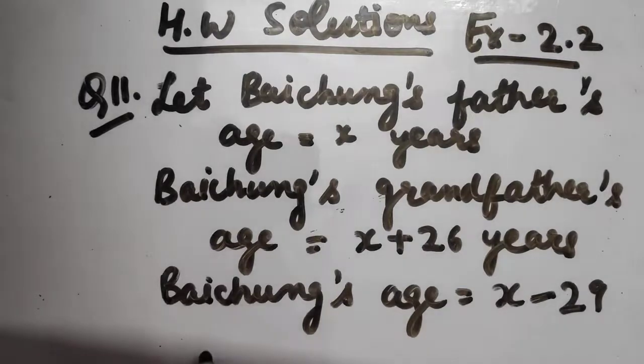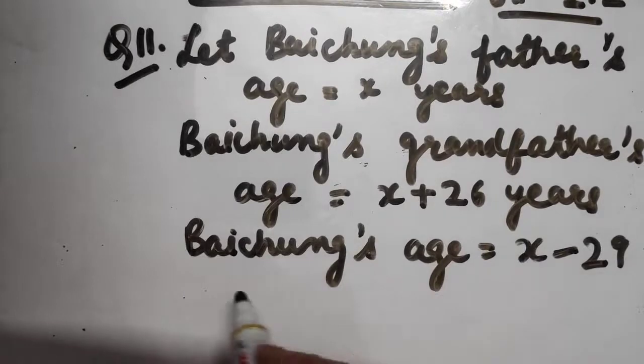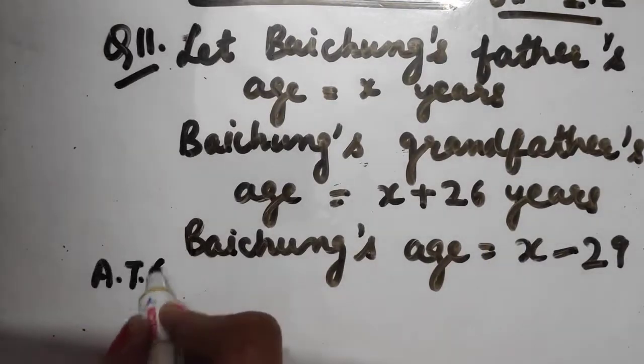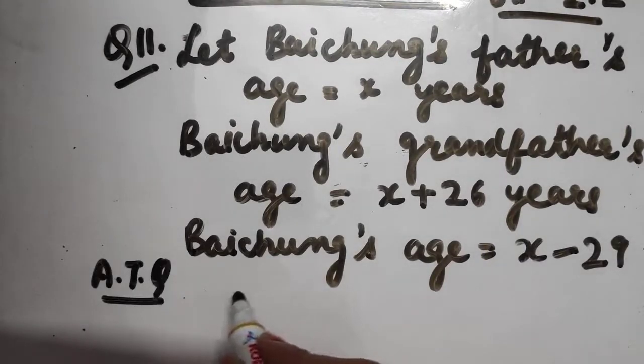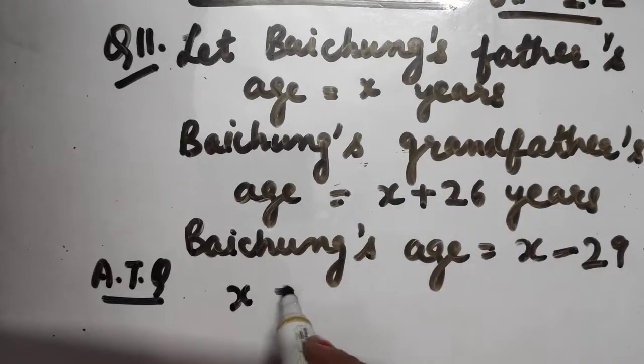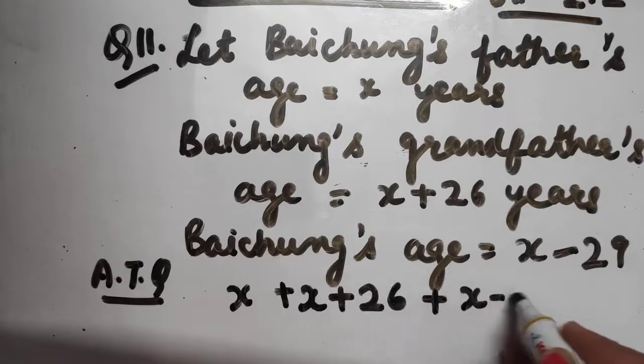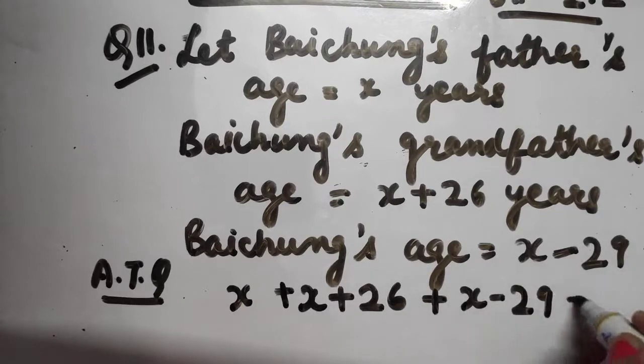The next statement given to us is that the sum of the ages of all the three is 135 years. So what will be the equation? According to the question, I am adding the ages of all three. It will be x plus 26 plus x minus 29, that is equal to 135 years.